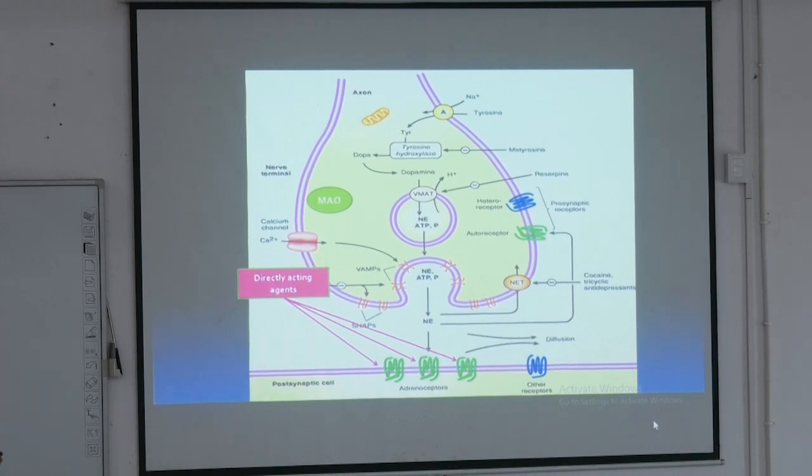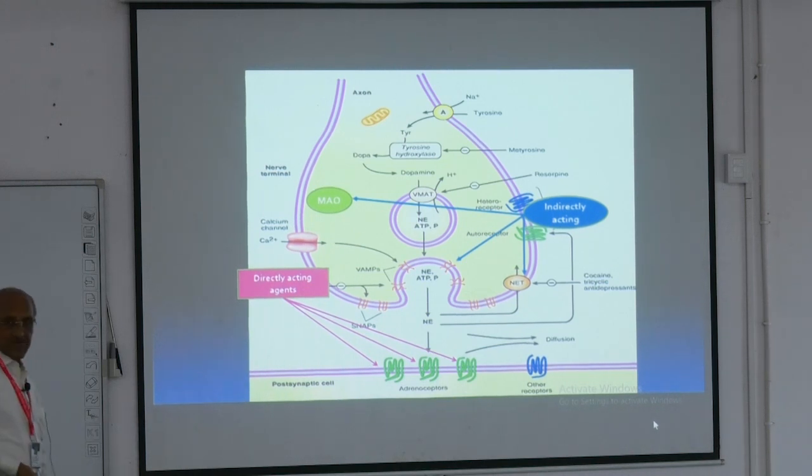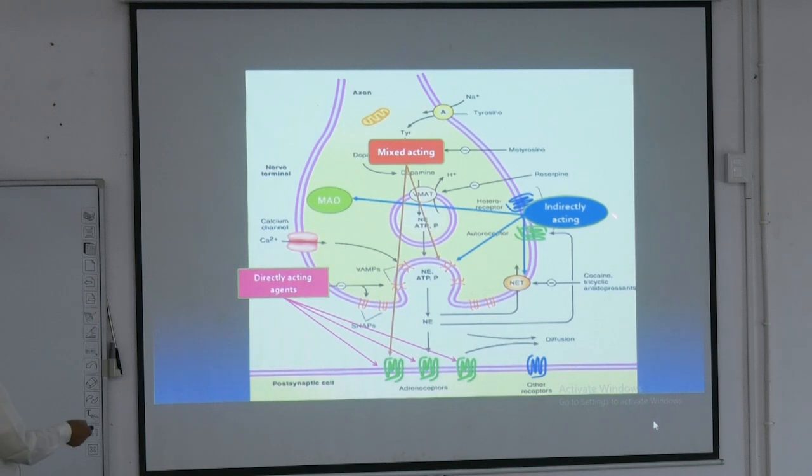The indirectly acting drugs do not have access to the receptor, but they can cause stimulation of the receptor by causing increased release of norepinephrine and by inhibiting the degrading enzyme. The third one is mixed acting, which has both direct action as well as indirect action. So these are the main three types.